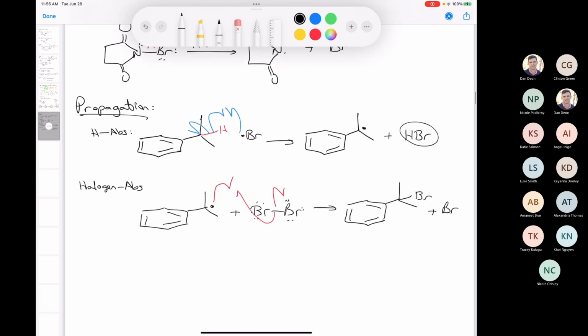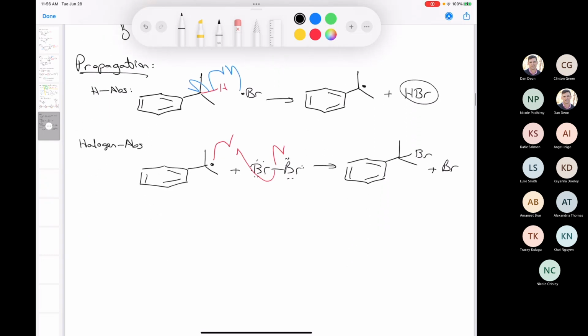And then for termination, you can show any two radicals coming together. I don't know, let's just pick a couple here. Termination. You can show two bromines. Let's make it interesting. Let's take the cumene radical. You can take two cumene radicals. That's too complicated. Let's just pick a bromine radical. There we go.